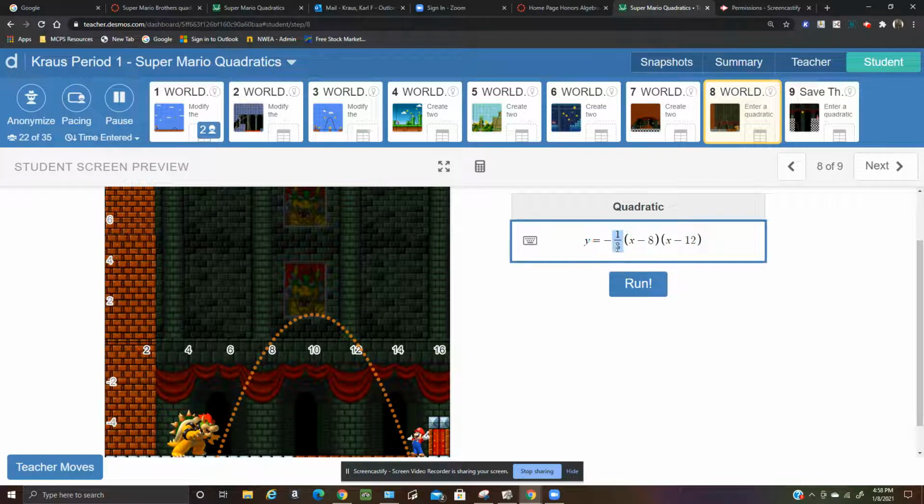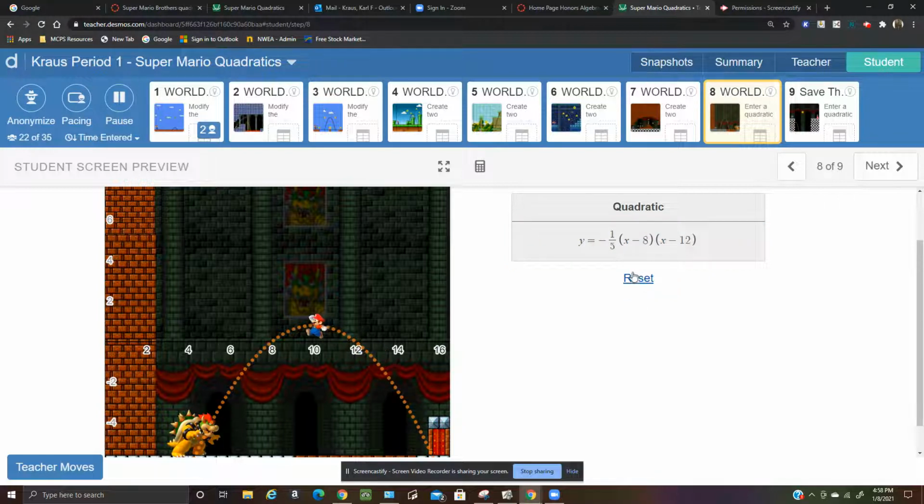Make this wider still. Oh, I guess you have to hit the continue button to stop making them spin around.